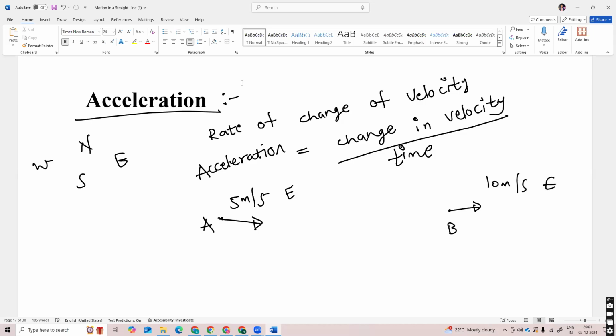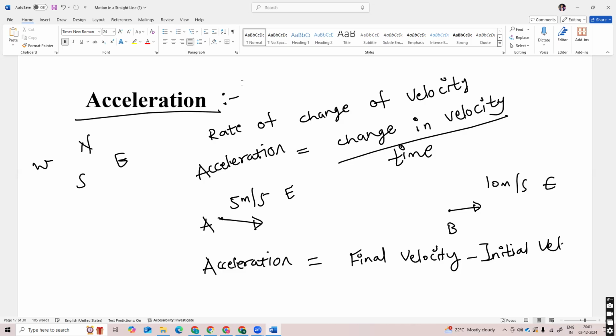So if we have to find acceleration, it is change in velocity. Change in velocity can be given as final velocity minus initial velocity, divided by the time taken for this change.